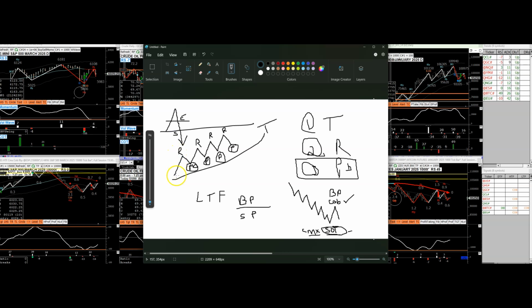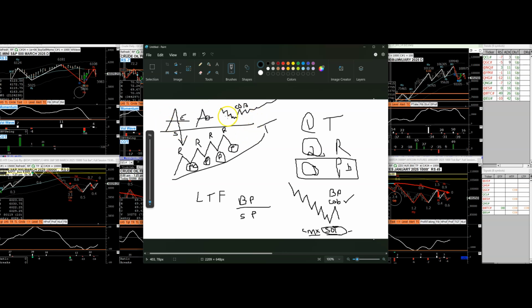So this is why we use two time frames, to see on the pullback at that level, we have buying pressure in terms of a change of behavior right there that can initiate the uptrend.